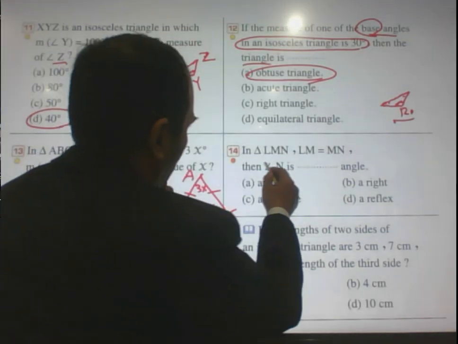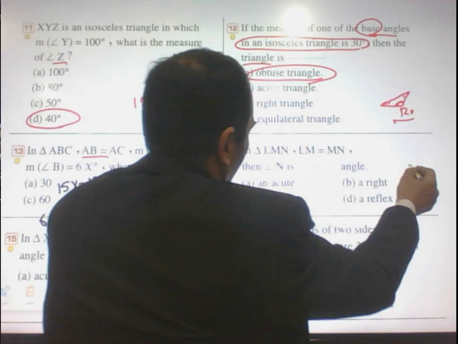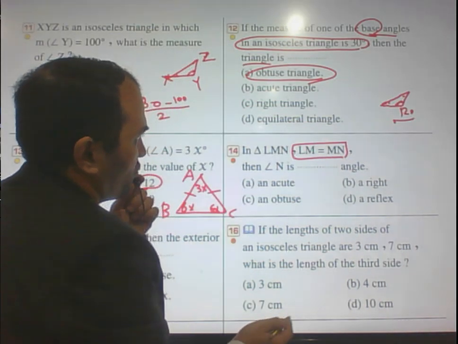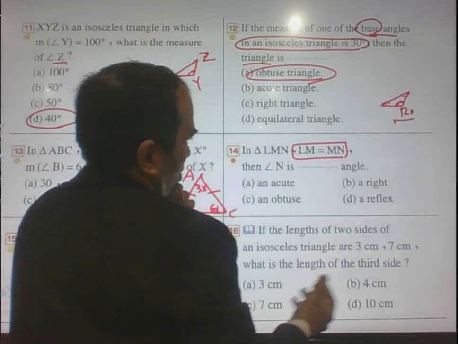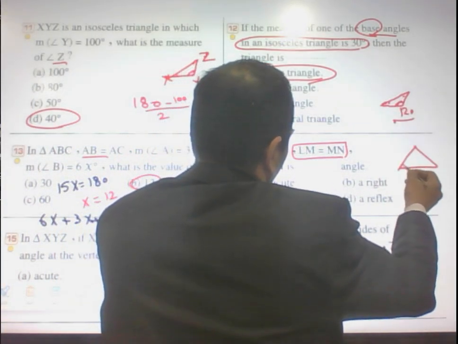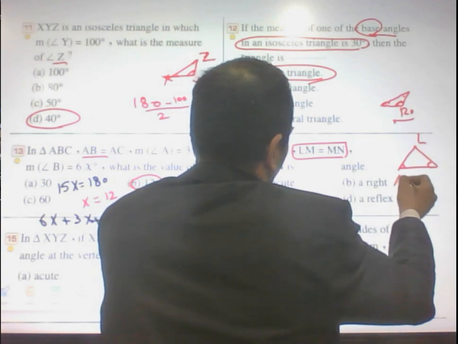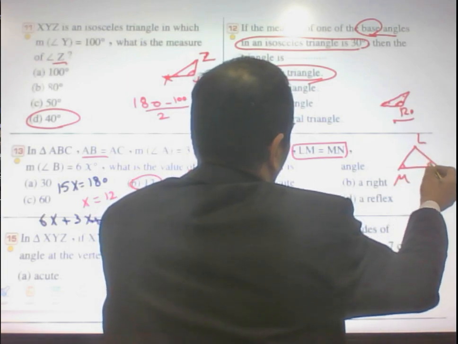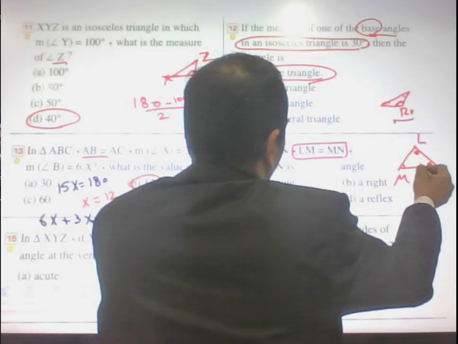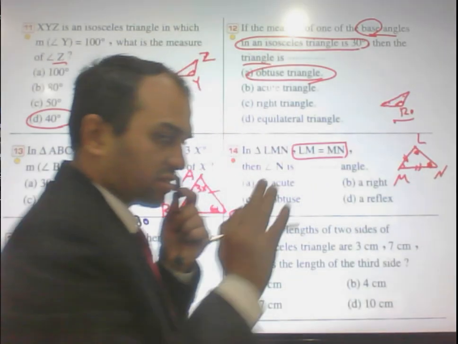Next question here. In triangle LMN, we have LM equal to MN. Then the measure of angle N equals what? Okay, he asked about the base angle. LM equals MN. Then angle N and angle L are equivalent. The measures of the two base angles must be acute.